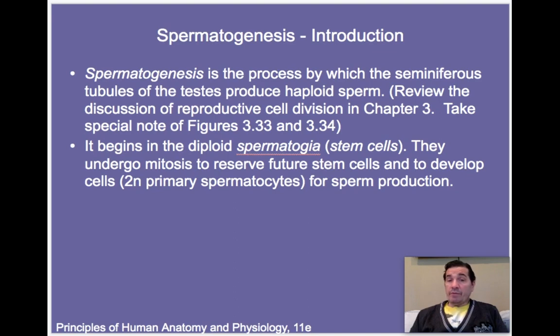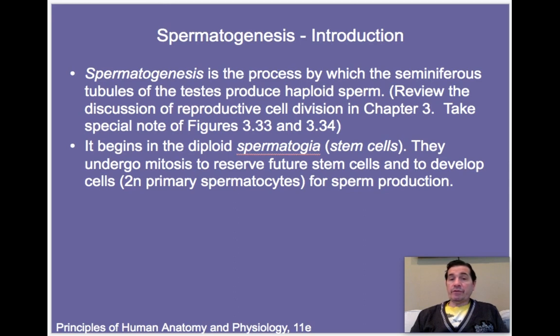And if they undergo meiosis, instead of having diploid cells, which is two pairs of chromosomes, in other words, paired chromosomes, we will actually have haploid, which will be unpaired chromosomes. So you should know the differences between diploid and haploid.